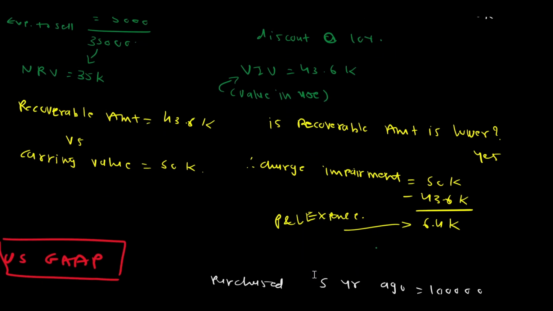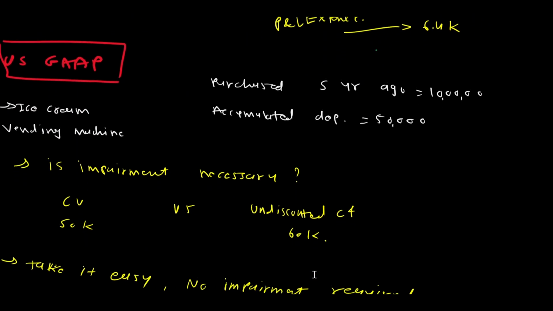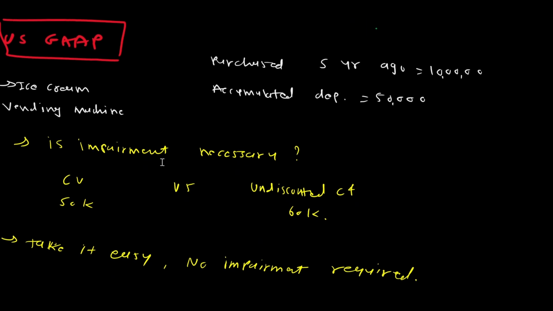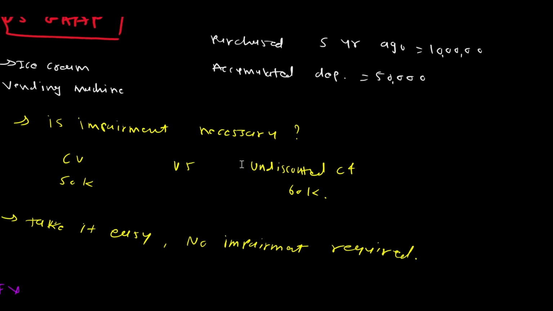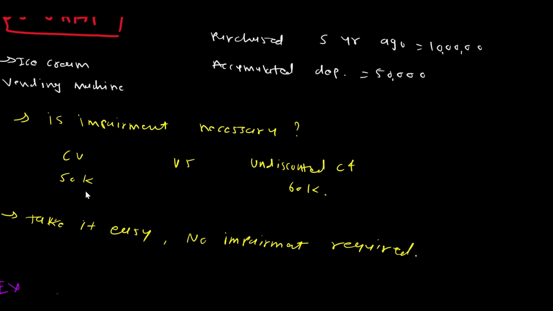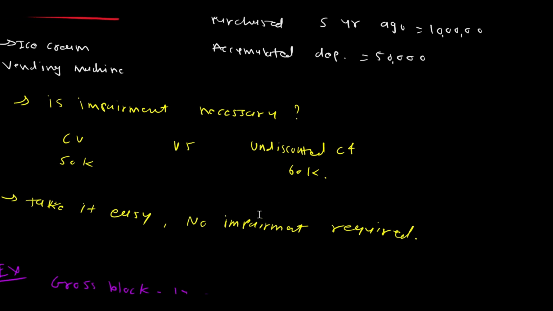Okay, in US GAAP, for the same example, I will ask the question: is impairment necessary? My carrying value is 50, my undiscounted cash flow is 60, so my future cash flow is greater than my carrying value, so no impairment is required.